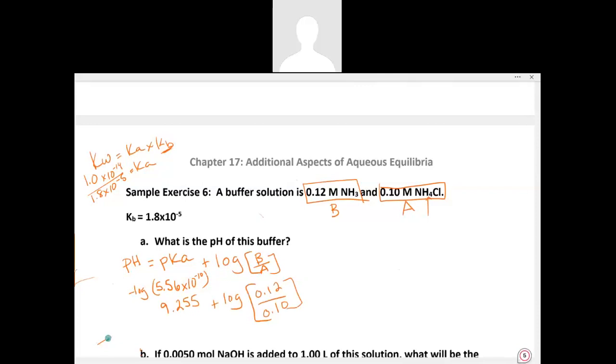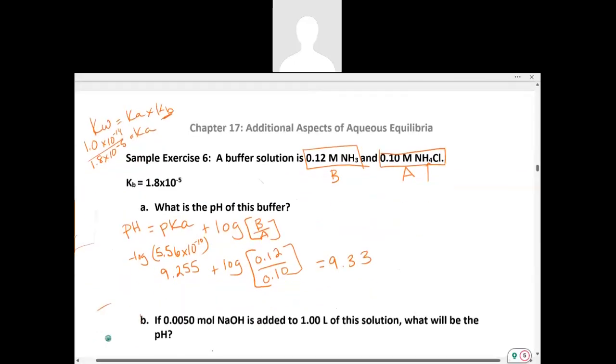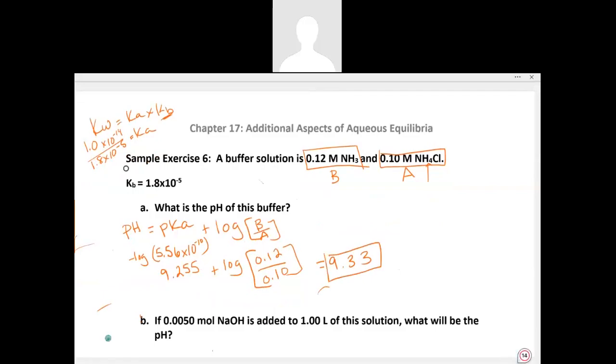So base over acid, we see that the base is higher in concentration here, so we expect our pH to go up. When we plug everything into our calculator, we should see a final pH of 9.33. And when I said go up, I meant from the pKa value, so slightly higher than that.